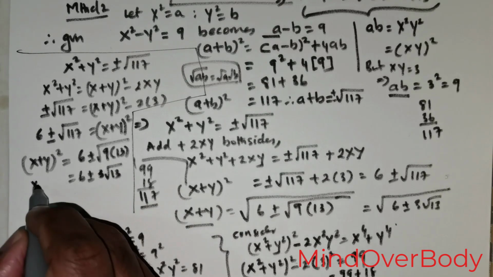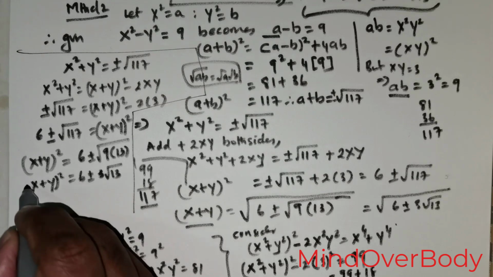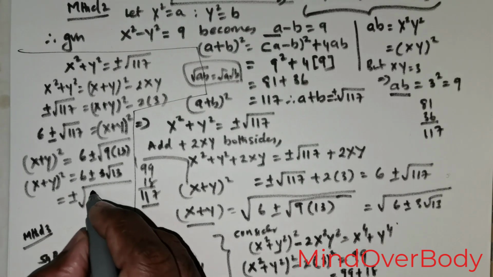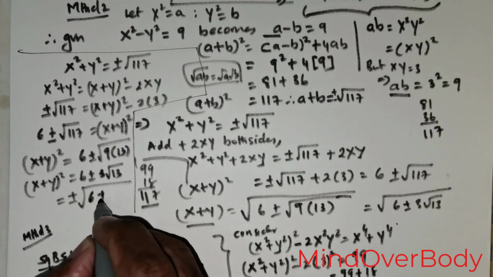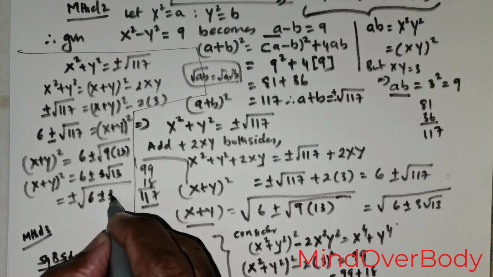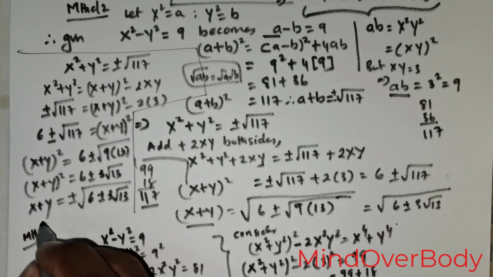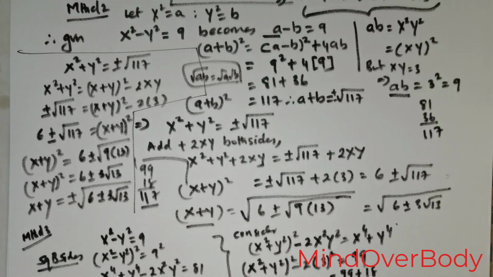On the left I've got x positive y raised to the power 2. So now I'm moving the 2. So that would be plus or minus root of 6 plus or minus 3 times root of 13. So this is the solution for x positive y. So students, thank you so much. I would like to encourage you all to think about other ways by which you can solve this problem.